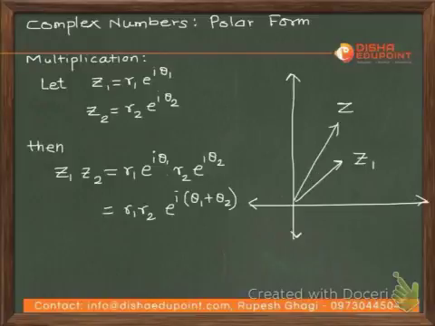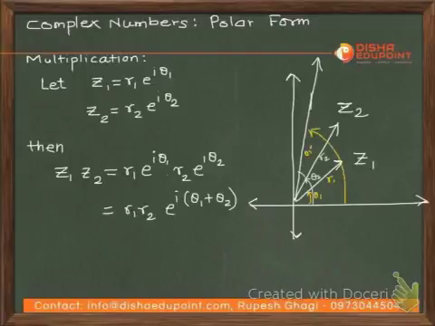So what does this tell us? When we multiply two numbers, their moduli get multiplied and their arguments get added. So now in the diagram, consider this is the number z1, which has the argument theta 1 and modulus r1, and then another number with argument theta 2 and modulus r2. The product of them will have argument theta 1 plus theta 2.